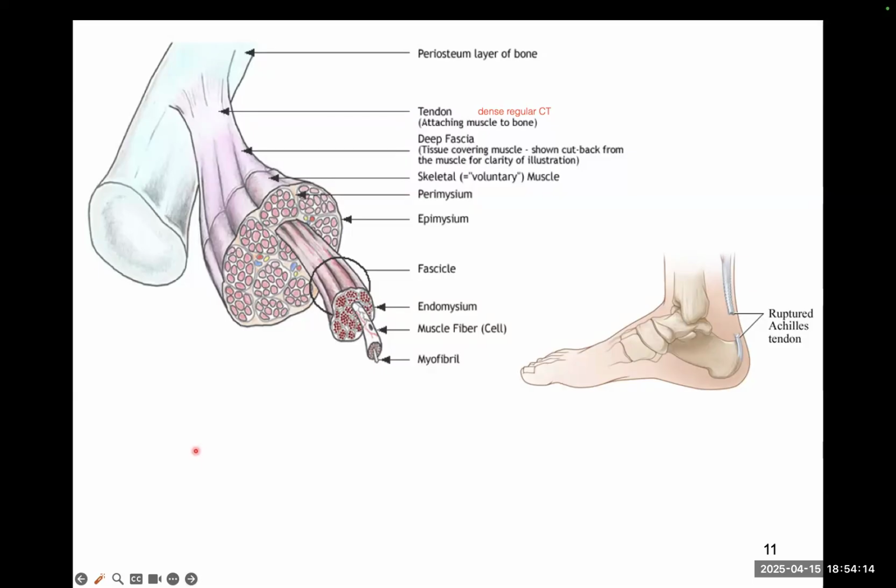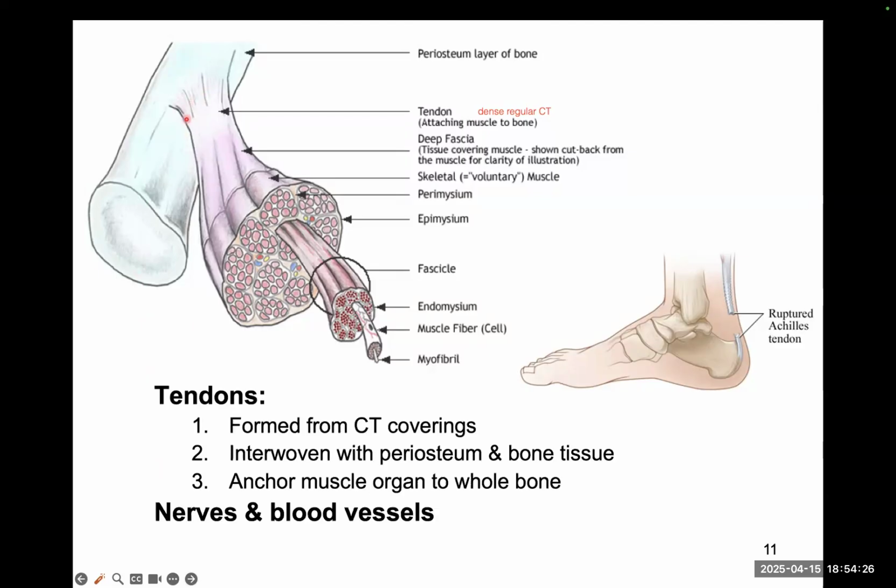And if you're, I don't know, seeing a chicken wing, this is a section outside of the fresh bone. So you've got the membrane that's called the periosteum. And that's interwoven with the bone tissue. So that's what's going to pull onto the bone when the muscle contracts.